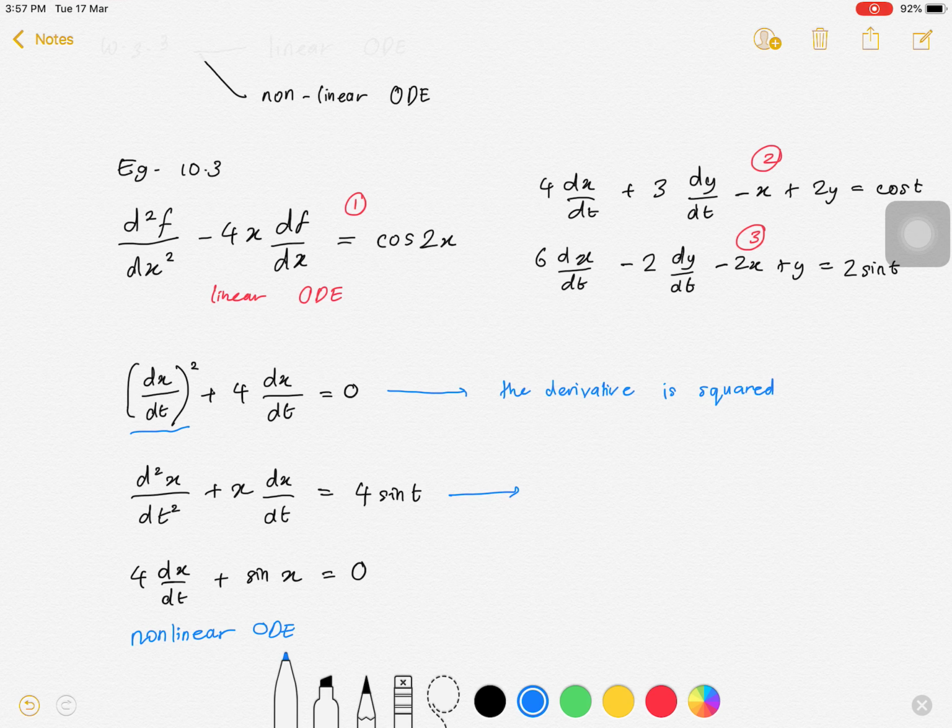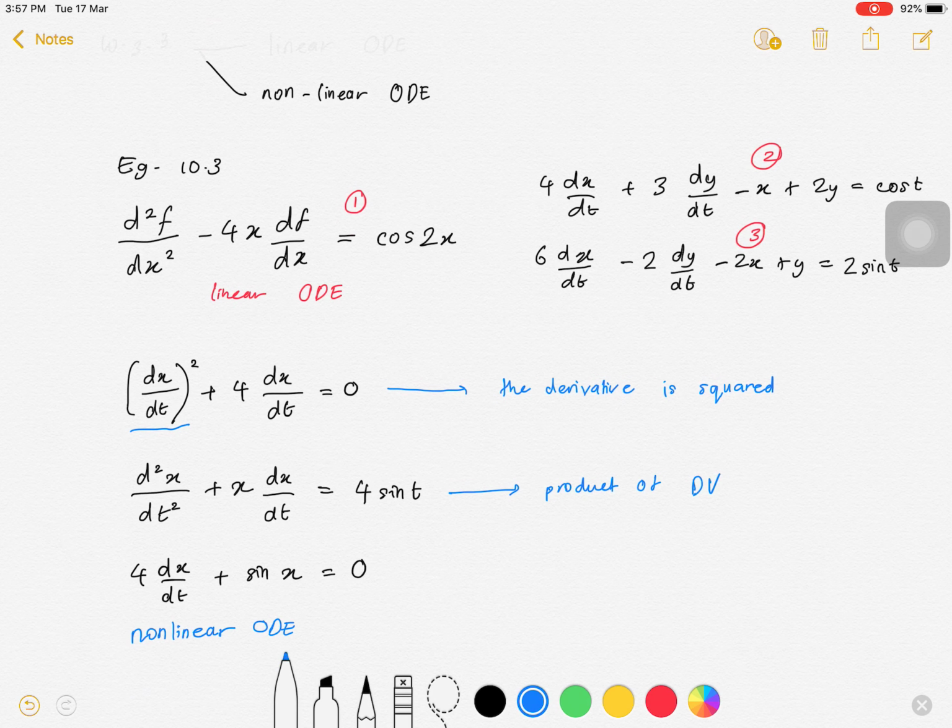And for the second equation, it's because of the product of the dependent variable and its derivative.